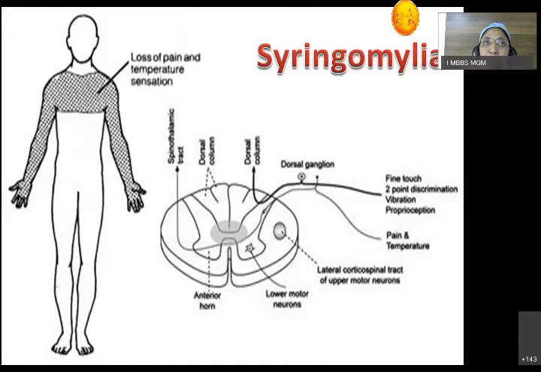It is the posterior gray column nucleus, not Clark's column. Then there is formation of the second order neuron, and these second order neurons cross to the opposite side.